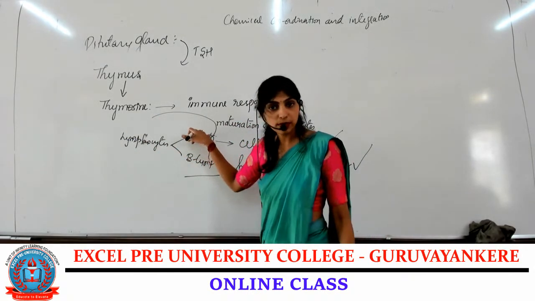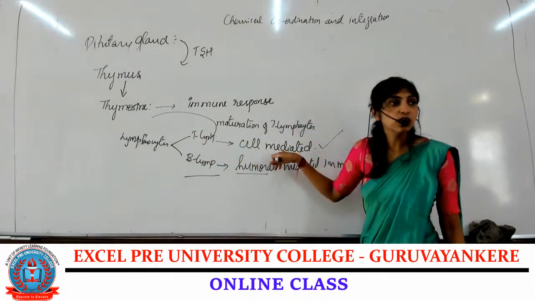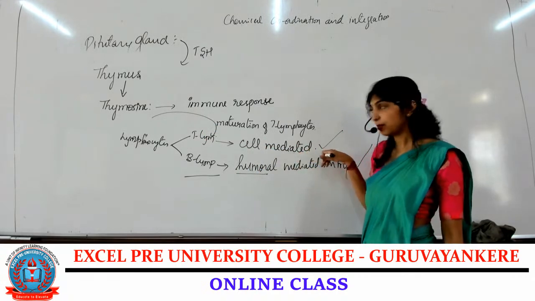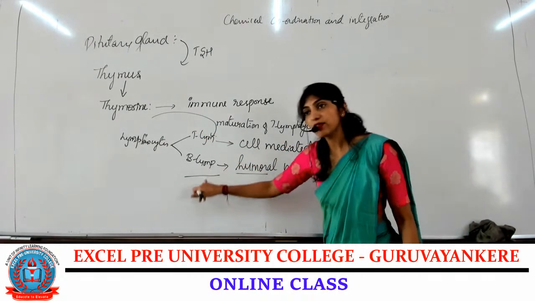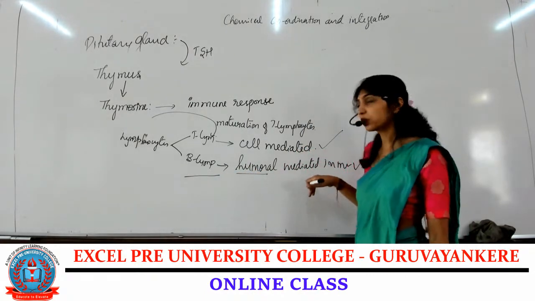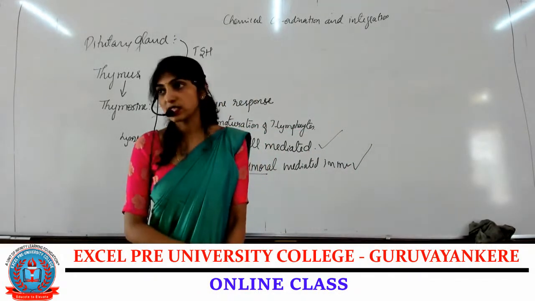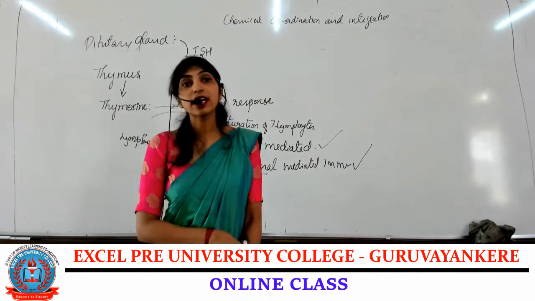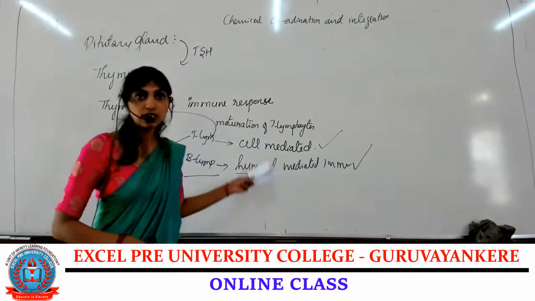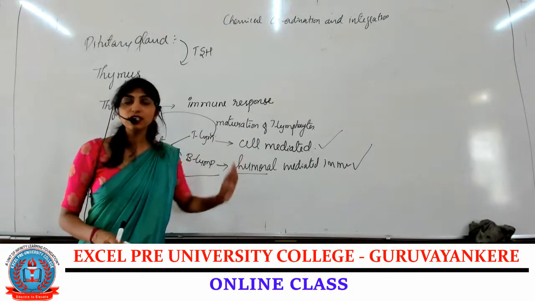By giving maturation to the T lymphocytes that leads to cell-mediated immunity, and by helping in the formation of B lymphocytes that leads to humoral immunity. Since they help in the immune response, T lymphocytes are called cells of immunity, and since it is present in the blood, we call it humoral immunity.